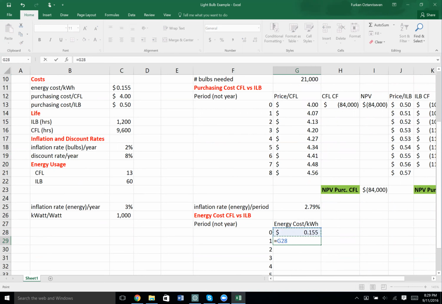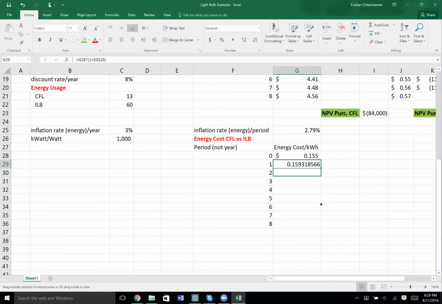I multiply G28 times 1 plus, formula on page 14 again, not interest, inflation rate per year, inflation rate per period. So I can fix this one because I will use the same cell again and again.